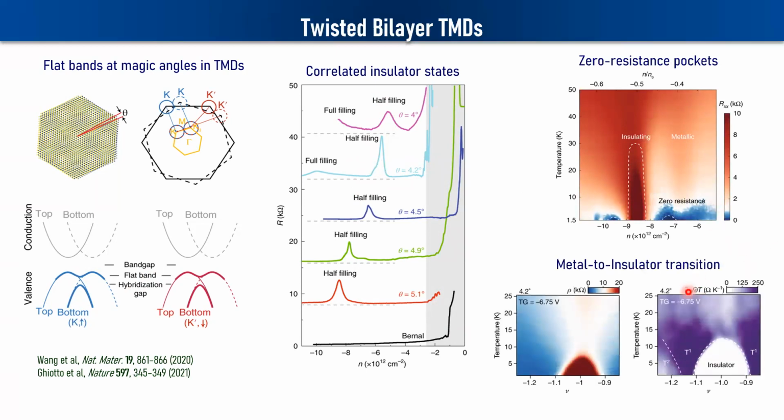There are also interesting predictions of metal to insulator transitions. I will not go into the details, but this is very interesting, because you can get a whole lot of new phases emerging just by twisting one layer of material over the other.